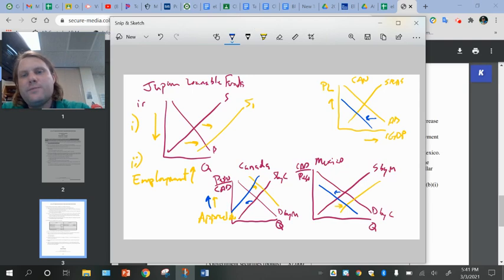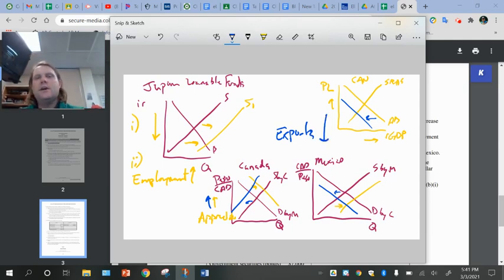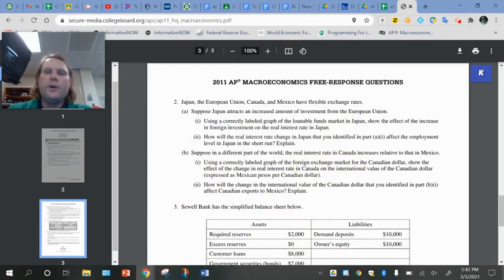Mexico cannot afford as many Canadian dollars. Our exports are going to decrease. That's what it's asking you, because the price in Canada is too expensive for Mexico to be able to afford that stuff. That's number two. We'll show you number three here.